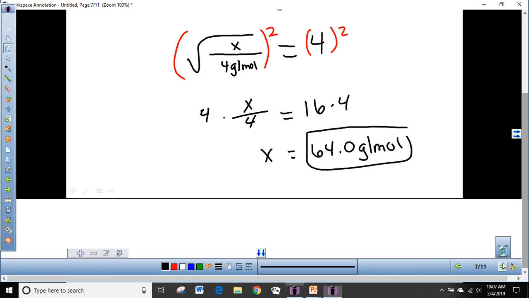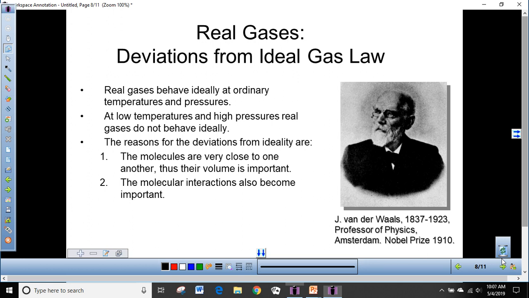So now we're going to move to the real gas law. And I'm going to give you this formula on the test because it's going to look really intimidating. But we talked about the ideal gas, and how an ideal gas, so to speak, does have a mass, but it doesn't have a volume. And then there is no attraction between molecules, no intermolecular force. But we do know that both of those truly do exist.